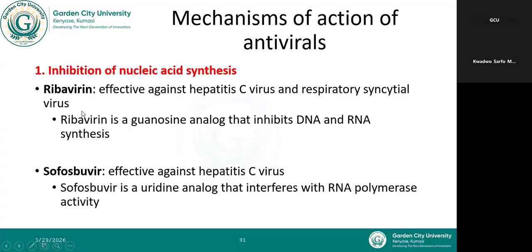And once this is incorporated instead of a guanosine, it also inhibits the production of DNA or RNA. This is what the virus will use to replicate, or the RNA to take hold of the machinery and then be transcribed and translated into proteins. Then it can have the viral cycle completed and exit to infect a new cell.